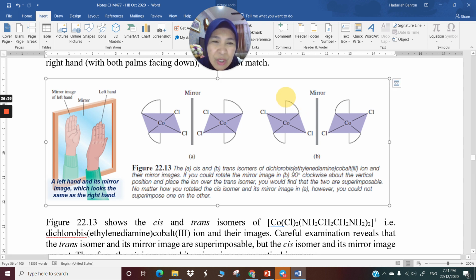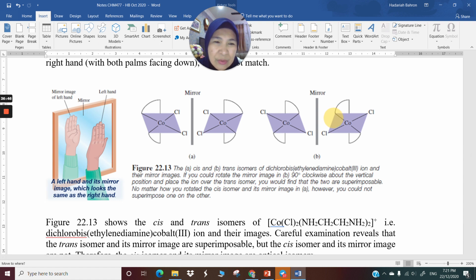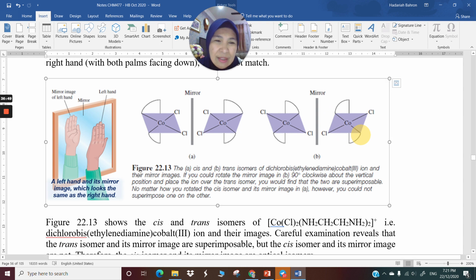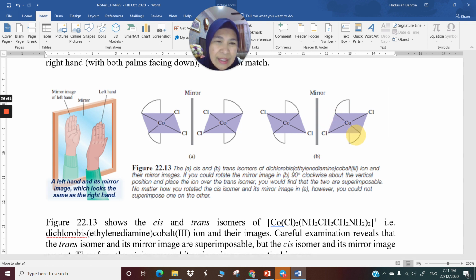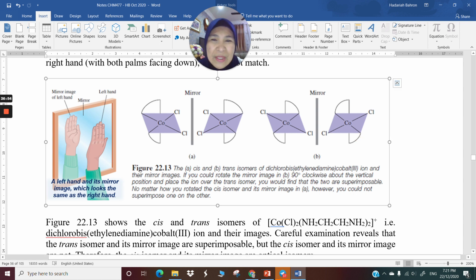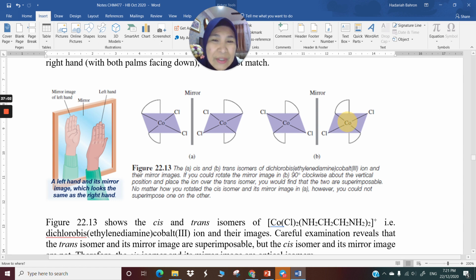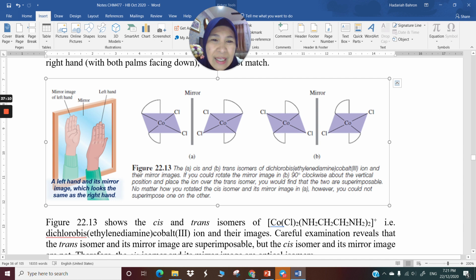This nitrogen is to the top, so this nitrogen will still be at the top when you rotate this 180 degrees like that. I really wish I had you in front of me with a chemical model. Just believe me, when you rotate this 180 degrees and put it on top of that, you will definitely have a good match, i.e., it will be exactly the same compound.